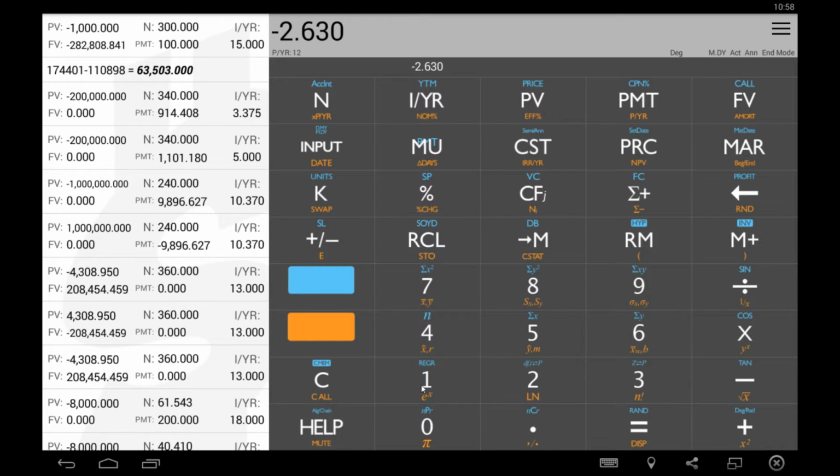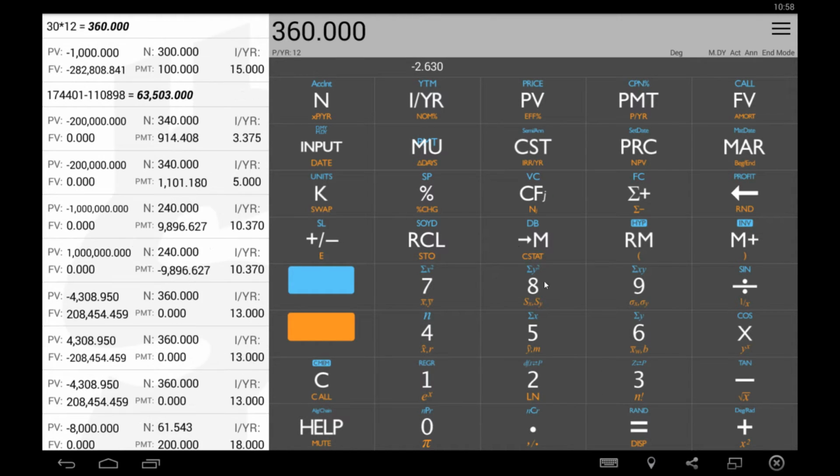And then let's say we're going to do this for 30 years. 30 years times 12 months, 360 payments, 360 periods. Next, we've got $100,000. We want to see what the effect is on $100,000. How much is it going to be worth with this inflation over 30 years?